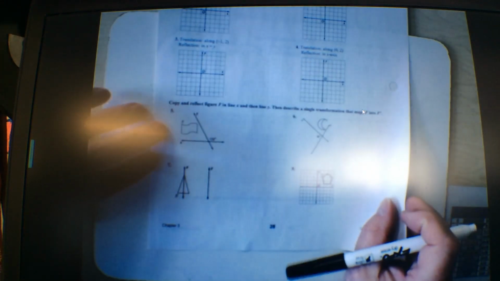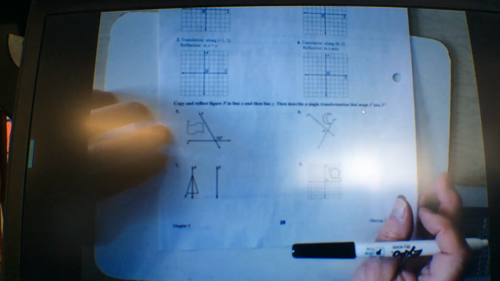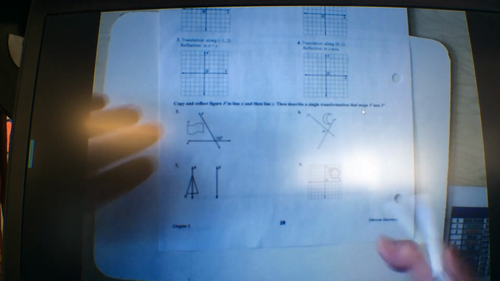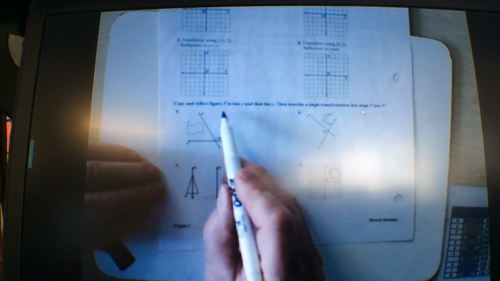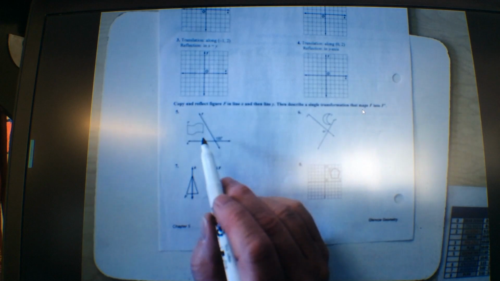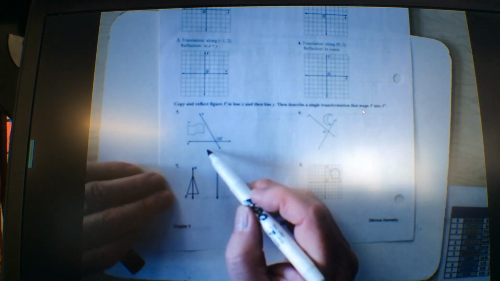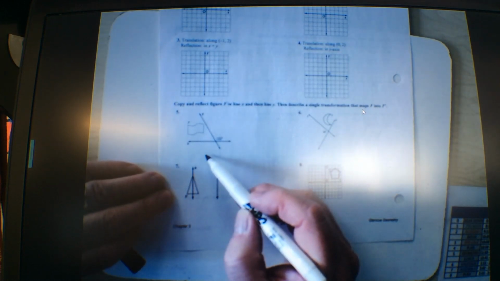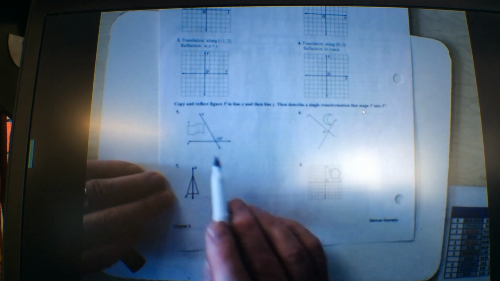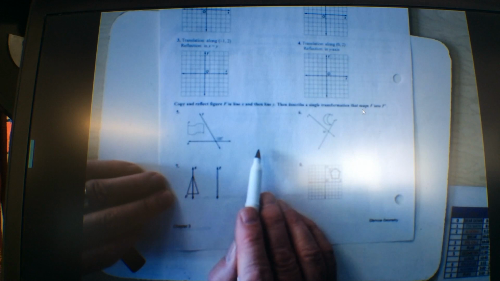That would be this one, and this one. It's also this one. Now, what you're going to do is, it says reflect it over line X and then line Y. So if you do line X, it's going to come down here, and you're going to use that Mira to reflect it. And then you go over Y, you're going to reflect it over here, right?